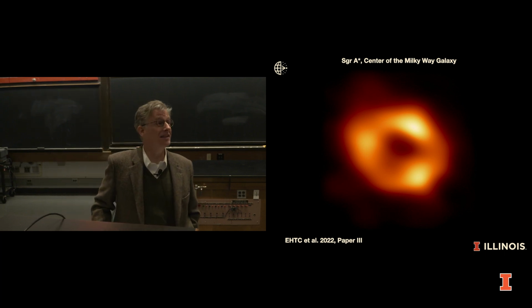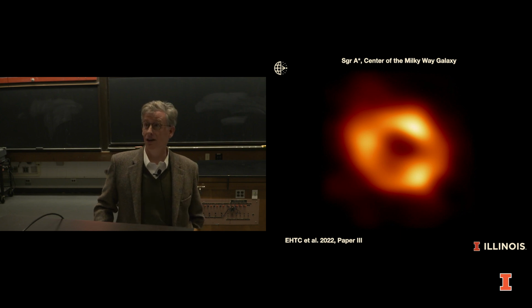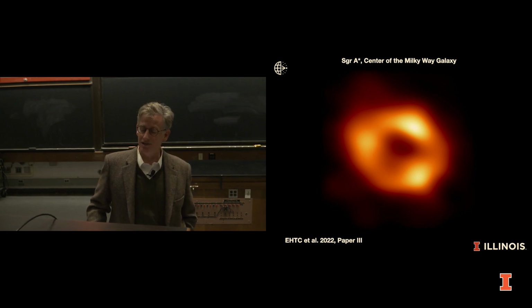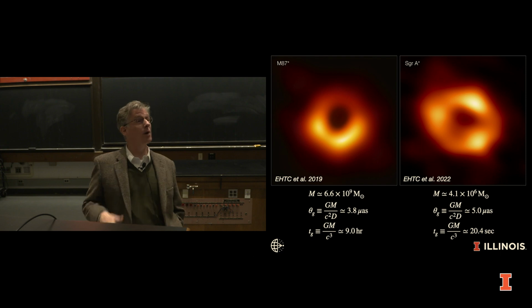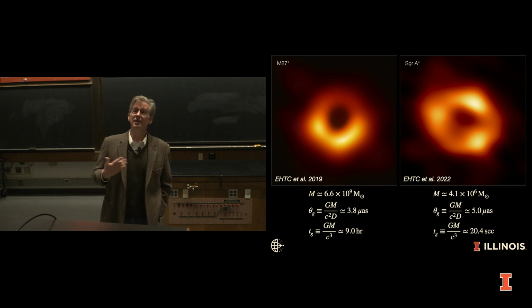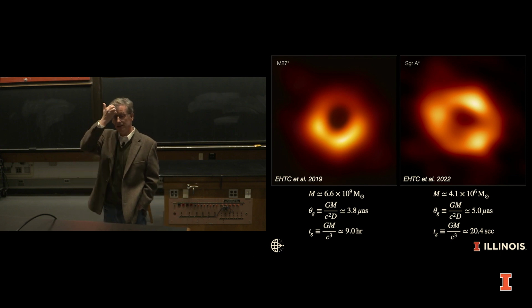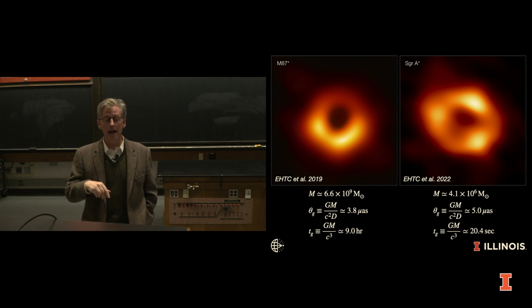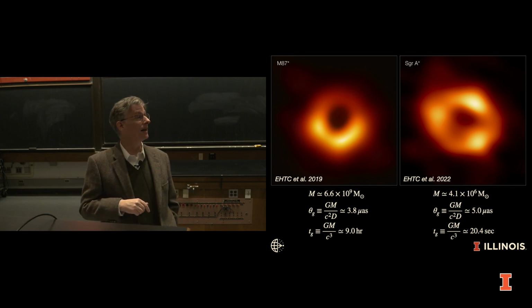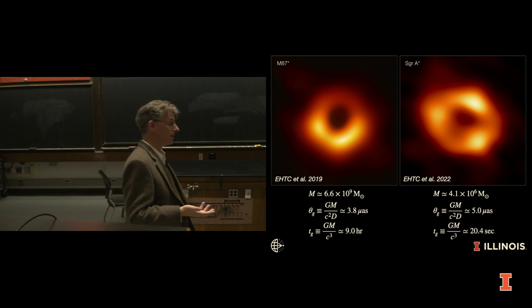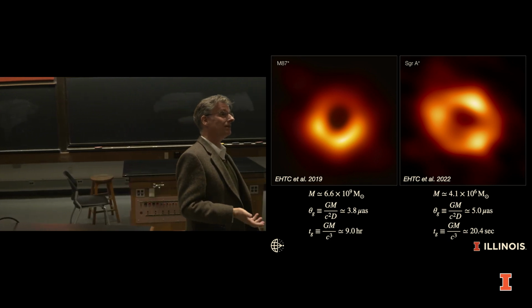Okay, so this is the second of 2 black hole images that have come out. Here's both of them together at the same angular scale. The one on your left is a black hole at the center of the galaxy M87.